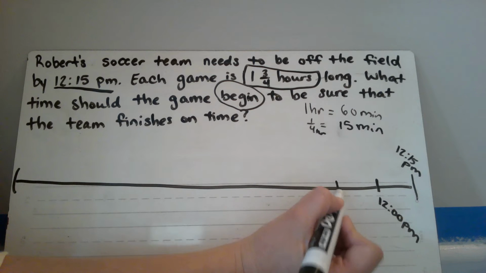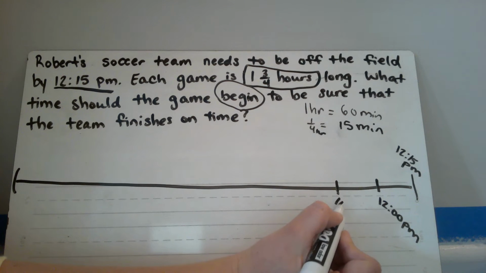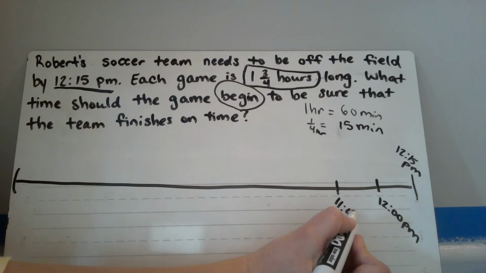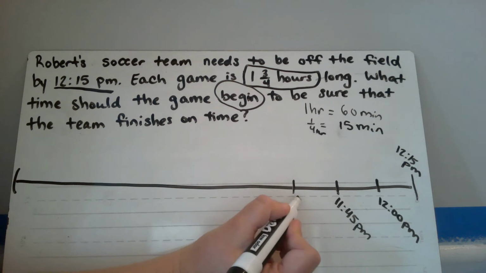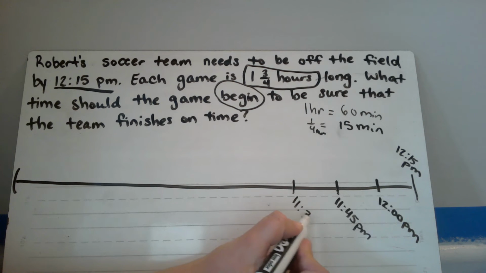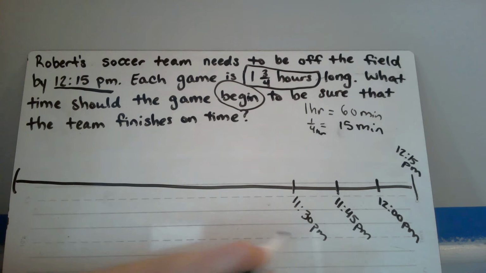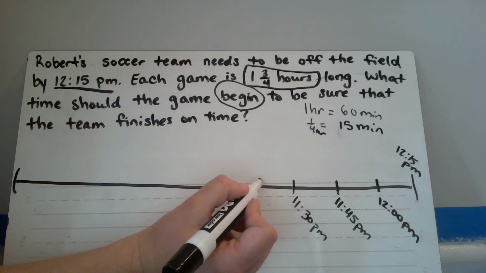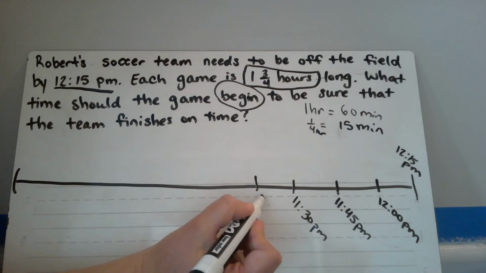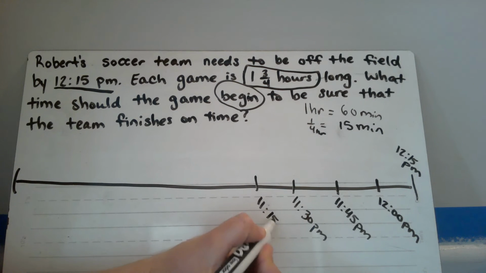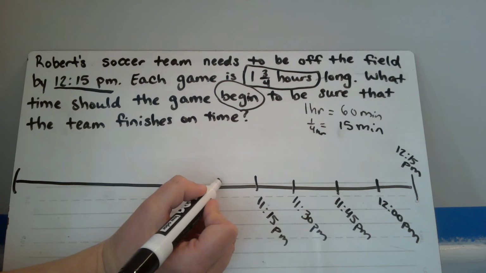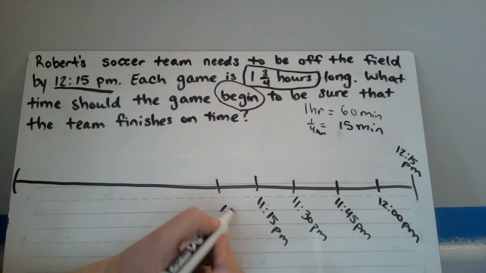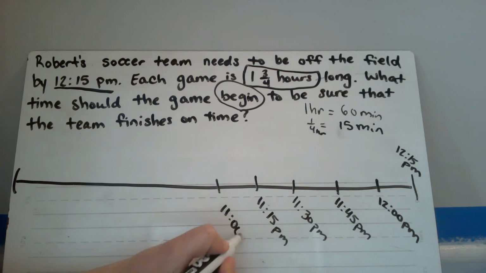That puts me at a different hour, which is 11:45 p.m. Go back another 15 minutes, and I'm at 11:30 p.m. Another 15, and I'm at 11:15 p.m. Another 15, then I'm at 11 o'clock.